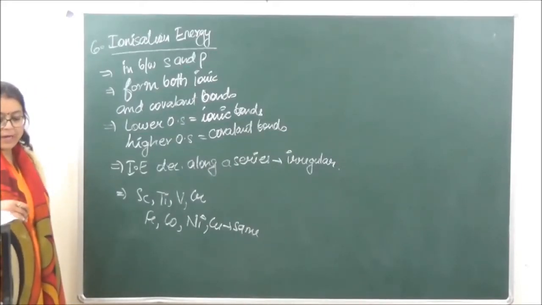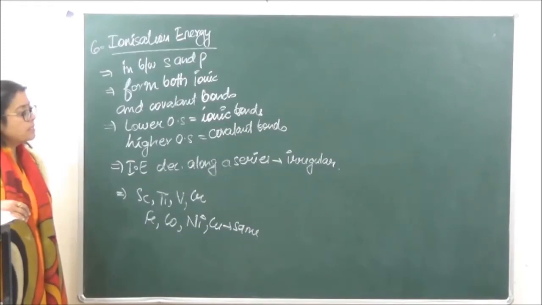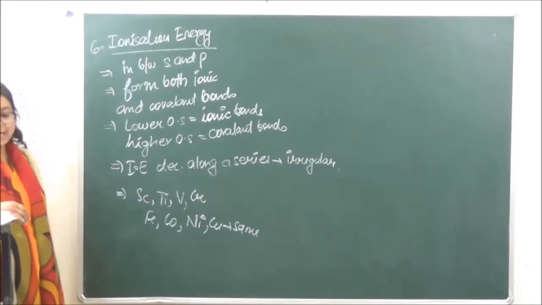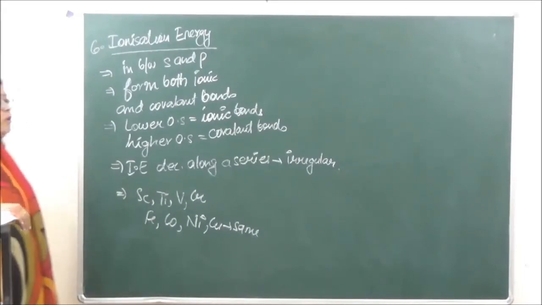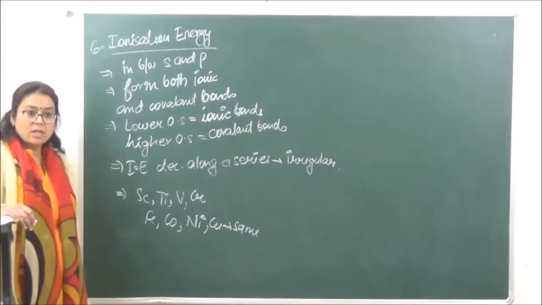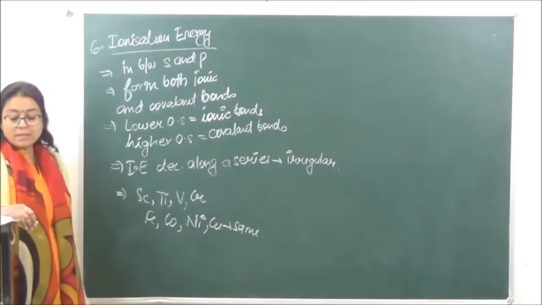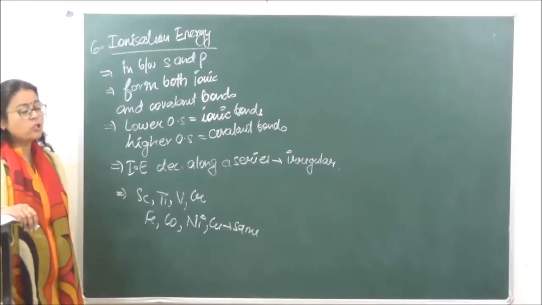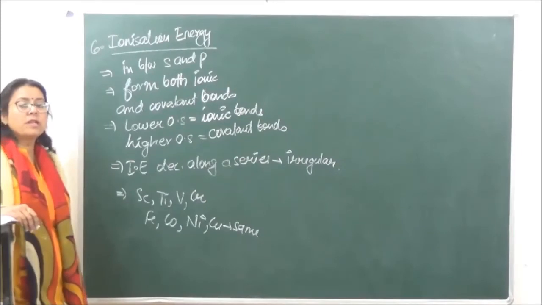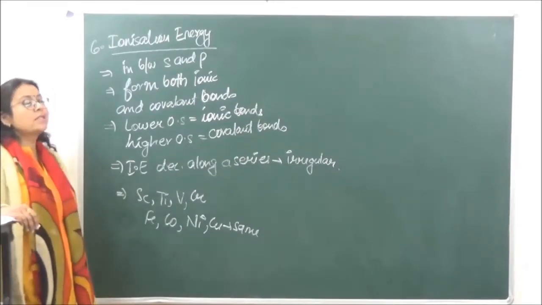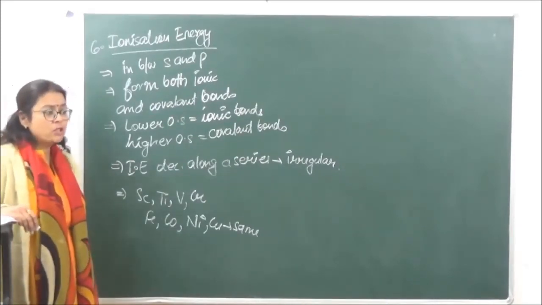So when we are traveling along a series, the increase in ionization energy is due to increase in nuclear charge. But at the same time, the screening effect will also keep on increasing because of the introduction of more electrons in the same n-1 d, which we just discussed.